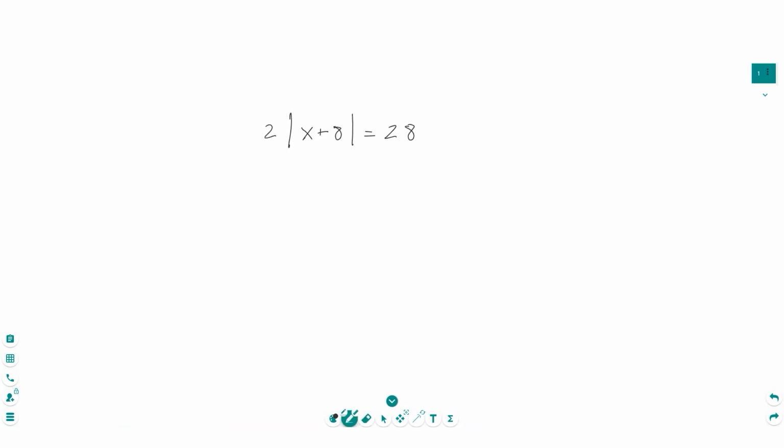The first thing we want to do is isolate the absolute value. Here the coefficient is 2 in front, so we get rid of that by dividing both sides by 2. So 28 divided by 2 is 14.